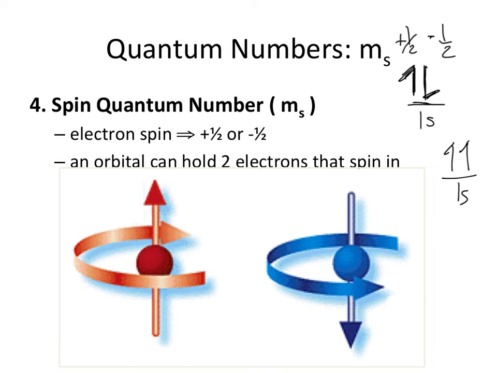Subsequently, our m sub L value is also 0, because remember our m sub L value is dictated by our L value. So s orbitals are spherical, so there's only one option. And then we have indicated the difference between these 2 electrons because one is spin up and the other is spin down. So these 2 electrons have 3 of the 4 quantum numbers. They share them, they're exactly the same, but it's this 4th one that differentiates the 2.